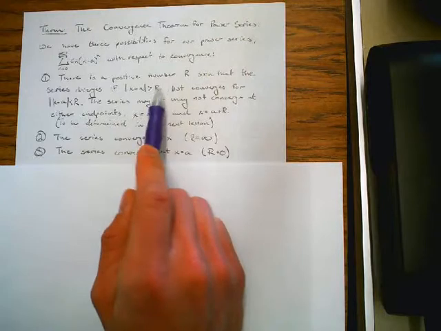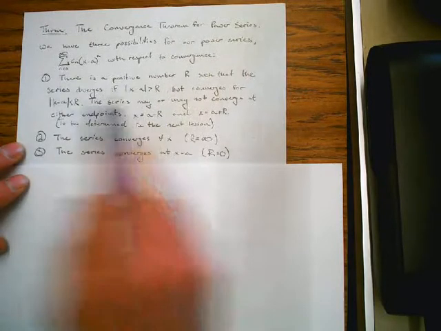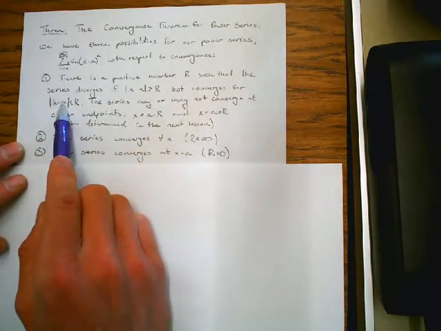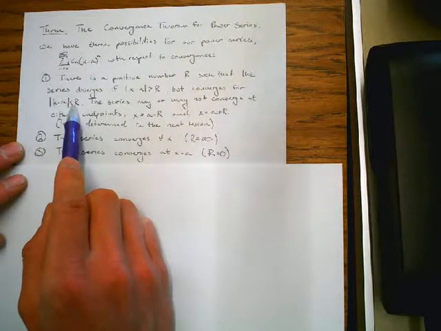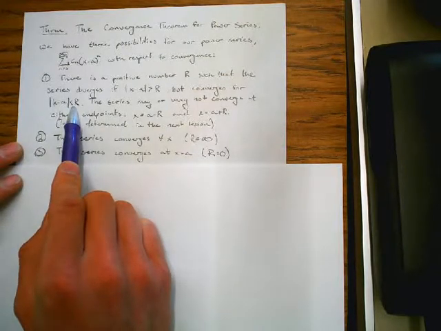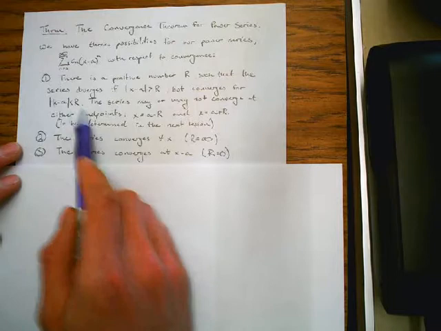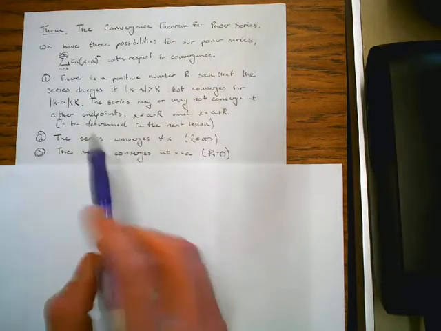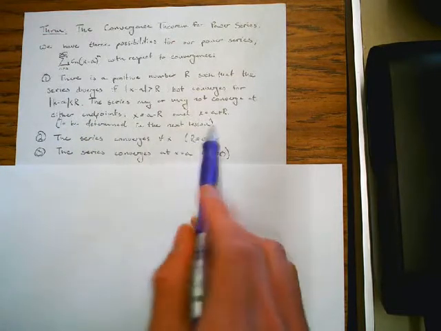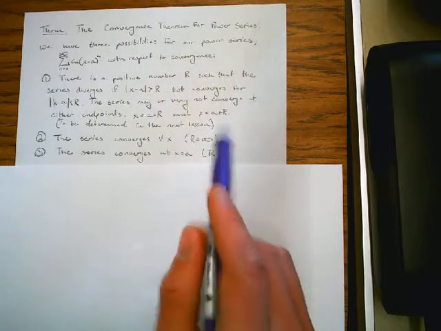But for convergence, if the distance between x and a is less than r, then we are convergent. The series may or may not converge at the endpoints, and that's actually what we're going to discuss in future lessons.